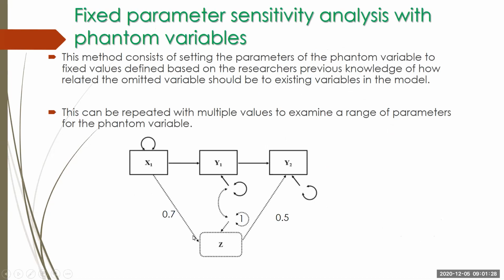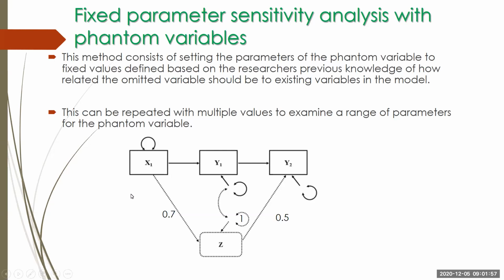Harry, McNish, and Hancock proposed two variations of the sensitivity analysis for structural equation modeling using phantom variables. One, if you estimate your model using a frequentist approach, and common estimators used in this case are maximum likelihood, robust maximum likelihood, weighted least squares with adjusted means and variances.